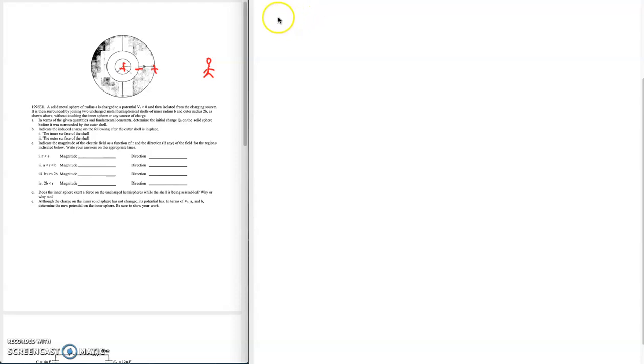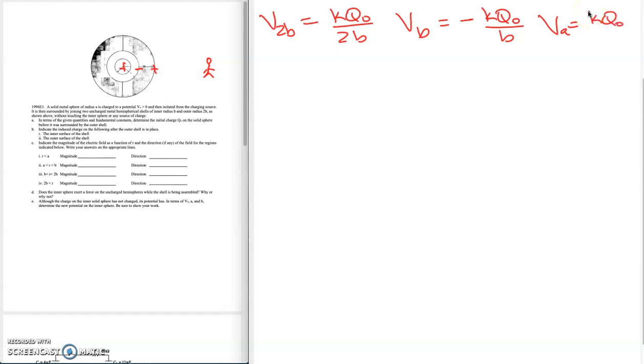So what we have is a voltage due to 2B, which is going to be K Q naught over 2B. Then we have a voltage at B, which is going to be minus K Q naught over B. And then we still have our voltage at radius A, which is K Q naught over A. But the voltage in getting from here all the way to there is going to be the sum of these three voltages.